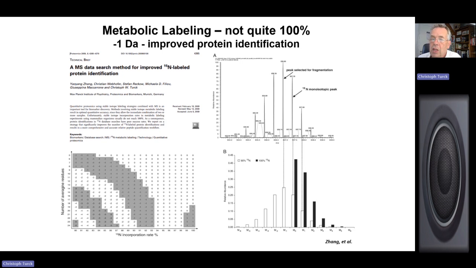So this was the isotopologue that was mostly taken by the mass spectrometer for fragmentation. And as a consequence, the number of identified peptides was not really optimal.